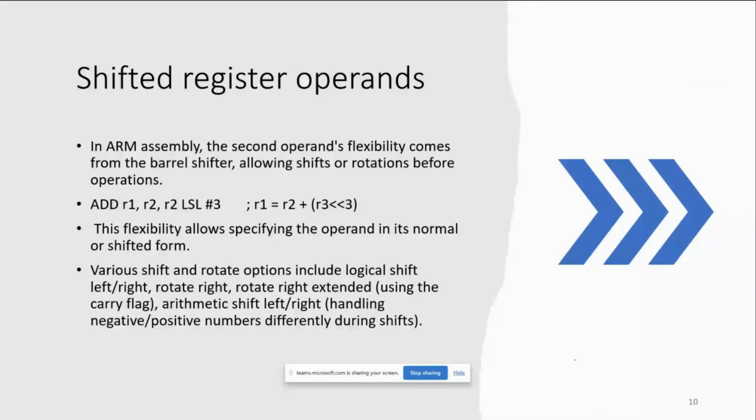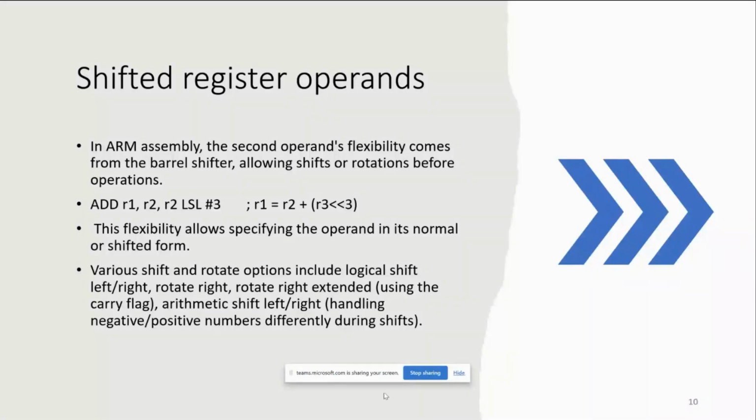Then I was talking about why we have another variation of subtraction: because we have certain things like shifted register operations. We have seen in the architecture there is a barrel shifter which allows shift or rotation.